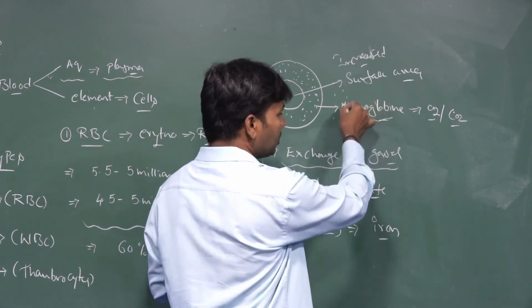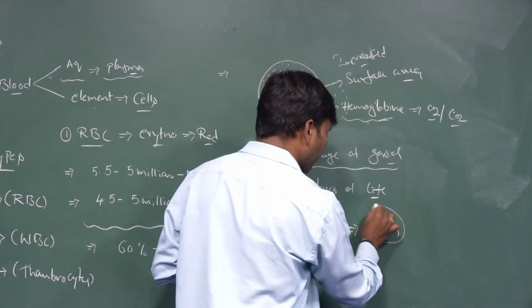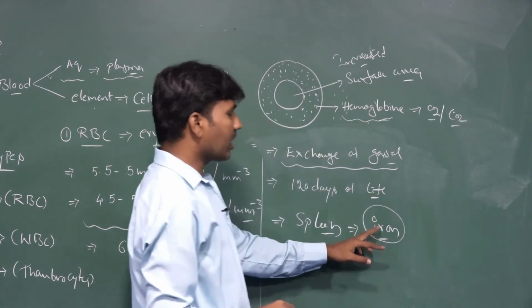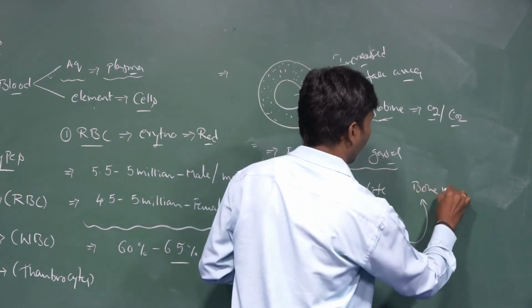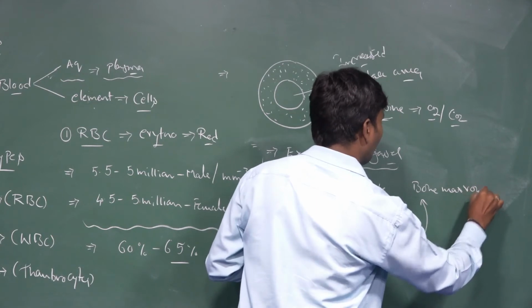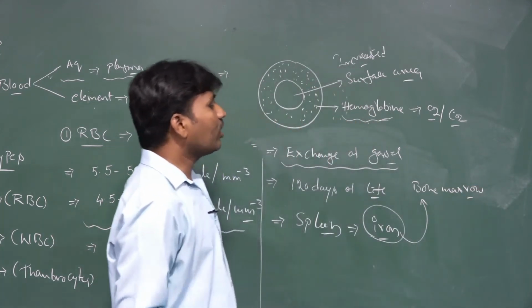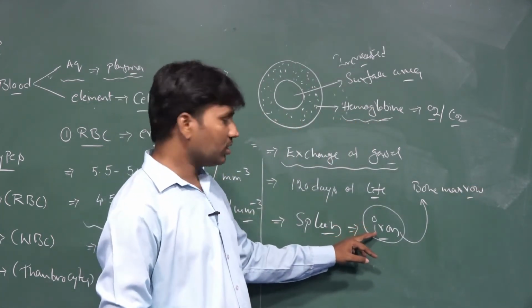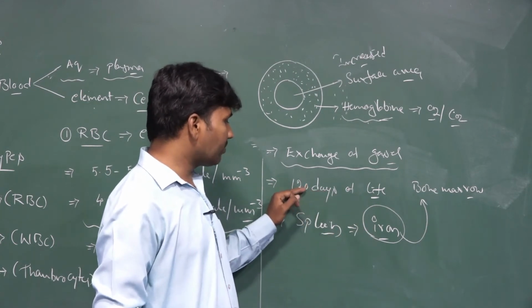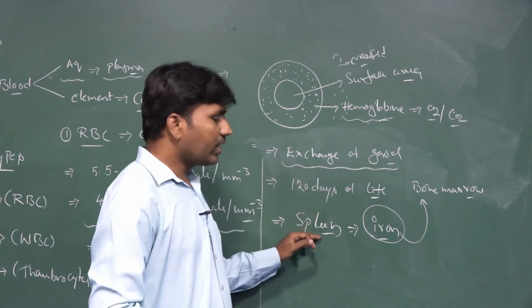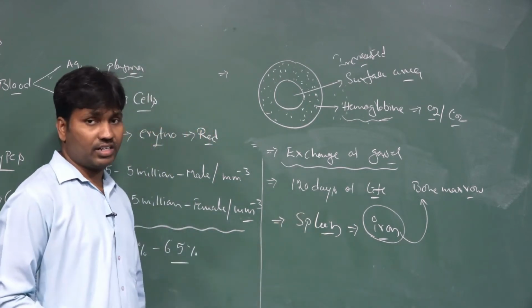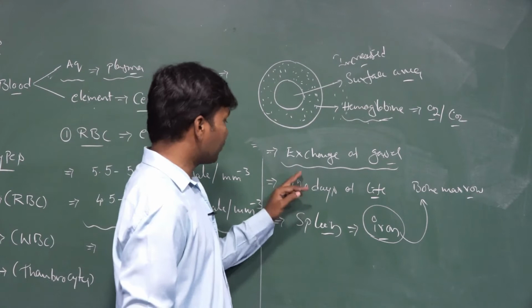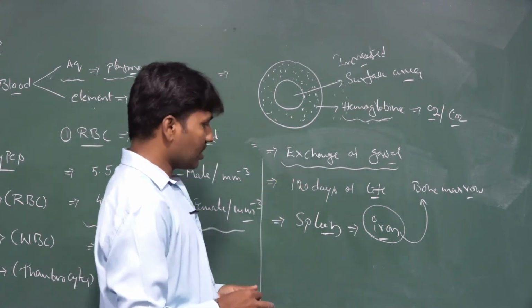So this heme, the iron component, goes again to the bone marrow, to be reused to produce hemoglobin again. Like this, after completing their lifespan, RBCs are destroyed in the spleen. The spleen is called the graveyard. This is according to the lifespan of the RBC.